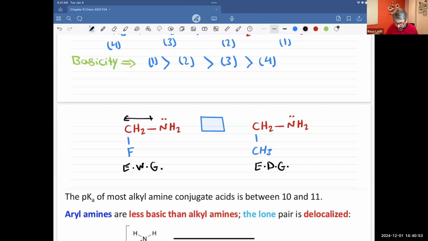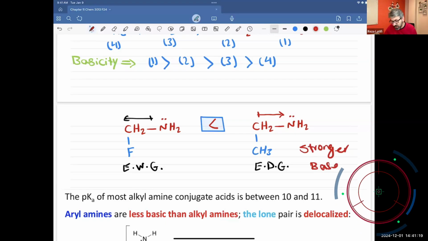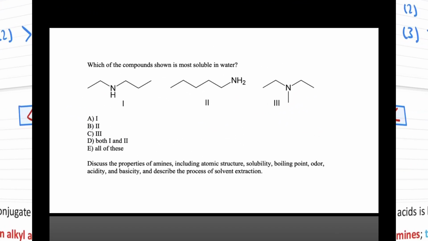While CH3 will increase the electron density on nitrogen. So between these two, I'm going to say CH3 will increase the basicity, while fluorine will drop the basicity. So the one with the electron donating group will be a stronger base. So this one will be a stronger base. And the effect until now is through induction.